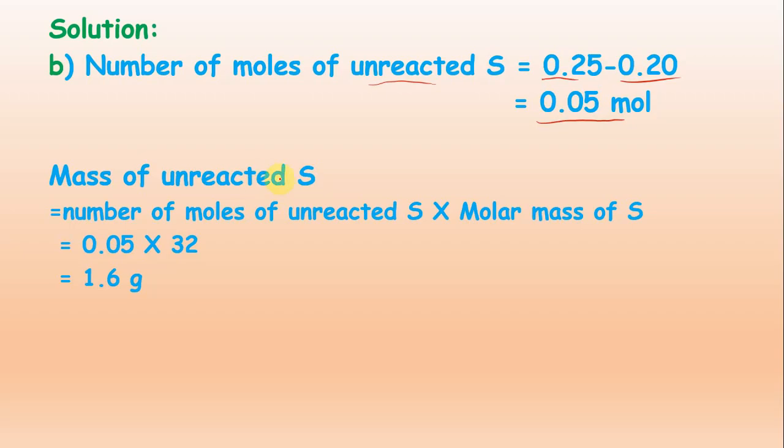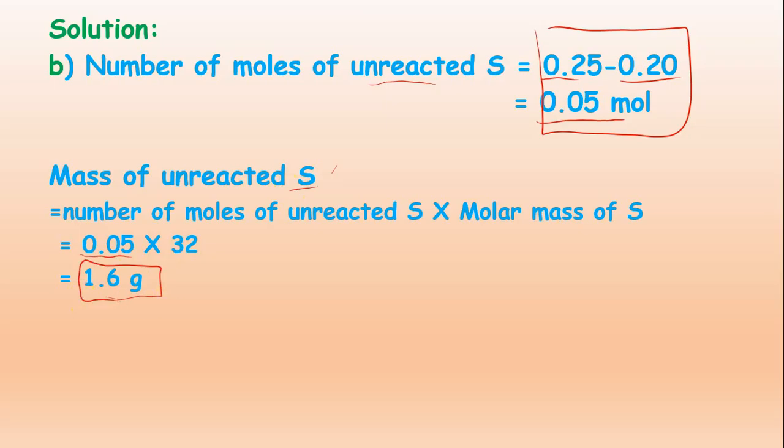So how will we calculate the mass of the unreacted sulfur? This is the number of moles we have obtained. Now we have to multiply the number of moles by the molar mass. So the number of moles, that is 0.05, we multiply with the molar mass of sulfur, that is 32. The answer is 1.6 gram.